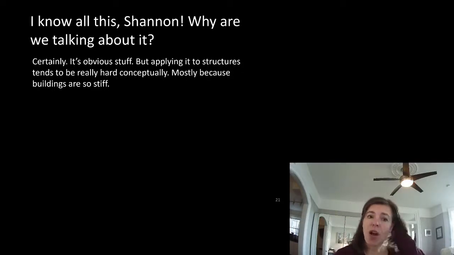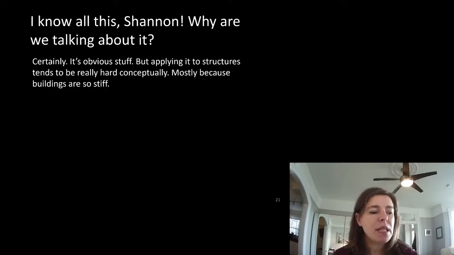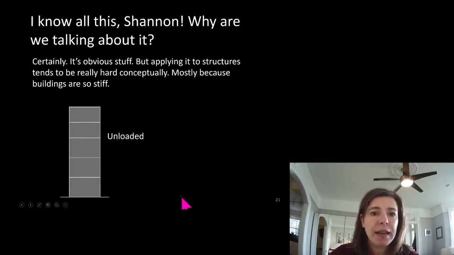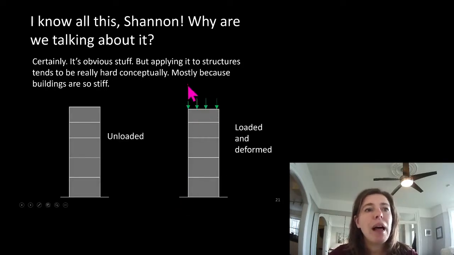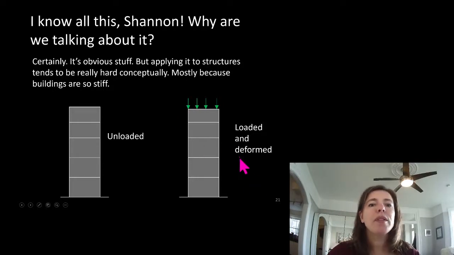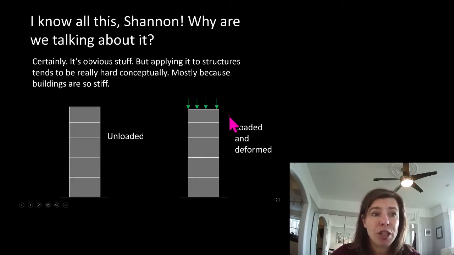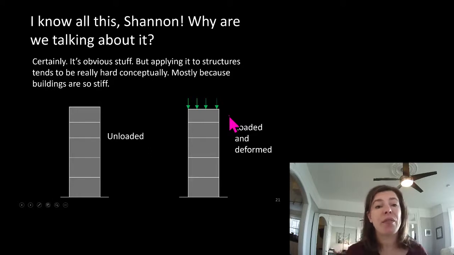So all of these things are obvious, but buildings are very large and very stiff. So if I drew you this building unloaded and applied a bunch of load and showed you it deformed, you wouldn't be able to visibly see the difference very easily. We're talking about millimeters of deformation on something that is very, very, very large.